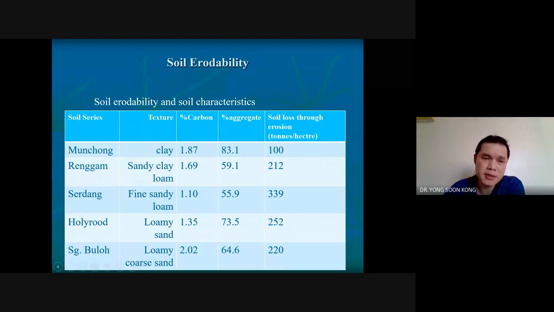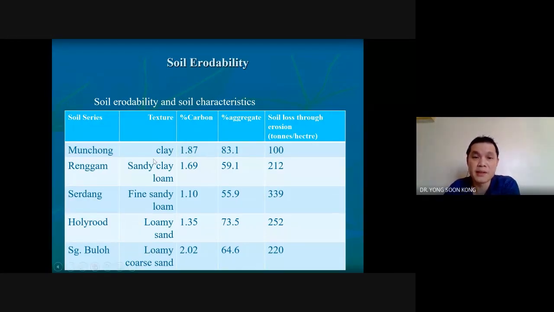What you can see right here are different soil series as well as their texture. As you can see, with different textures from clay to loamy sand, from the top is the finest and the smallest, and then when it moves to the bottom of the table, it becomes much larger, much coarser. More sand is involved. Now, what does that do to soil loss?